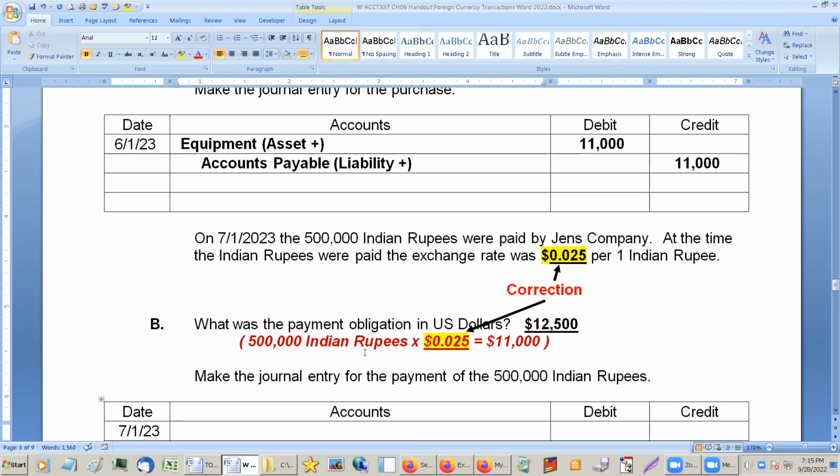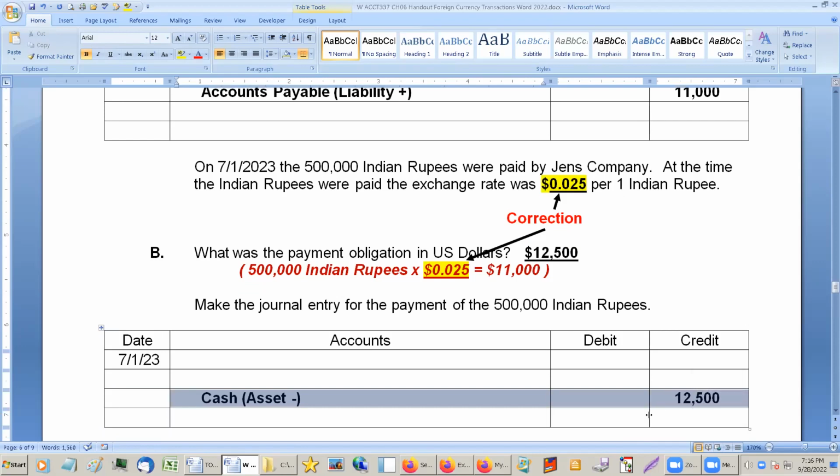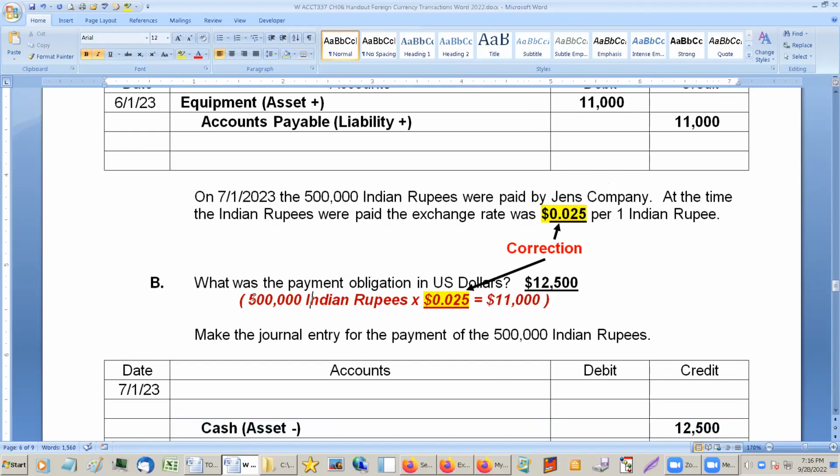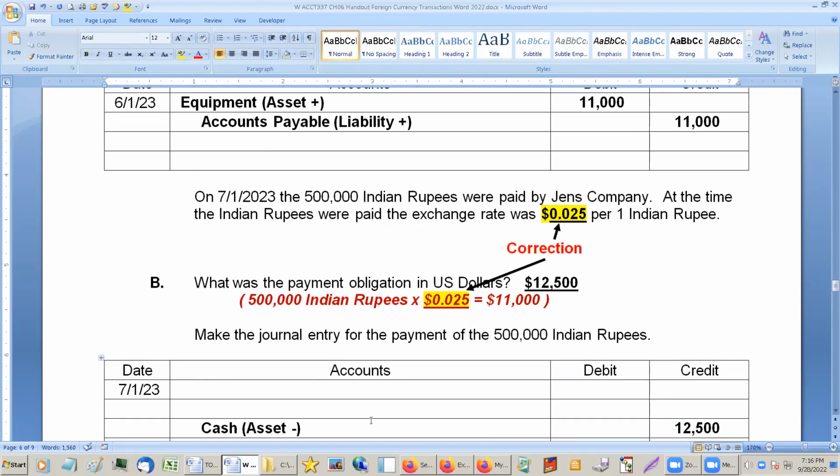What's going to be on the other side here? It's an asset going down. So we're paying out cash of 12,500. We're using it to buy 500,000 rupees so that we can pay off our bill. So what are we going to have in the journal entry down here? We know we're paying out the cash.